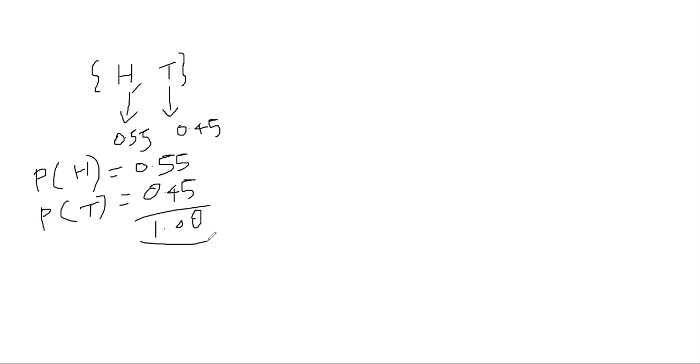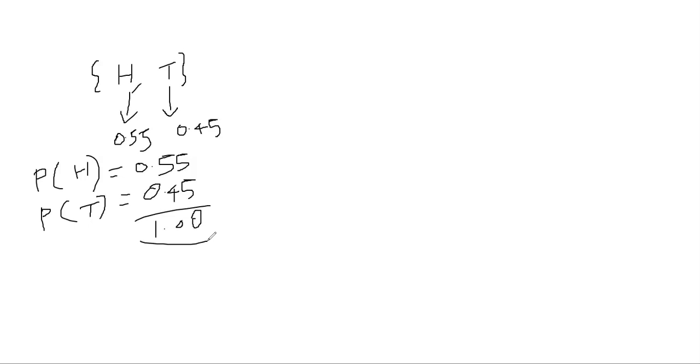Okay, so let's take this to the next level. Suppose I have two events. Maybe I'm tossing a coin as well as rolling a die. I would like to know what is the probability that I get a head and I get number 4.